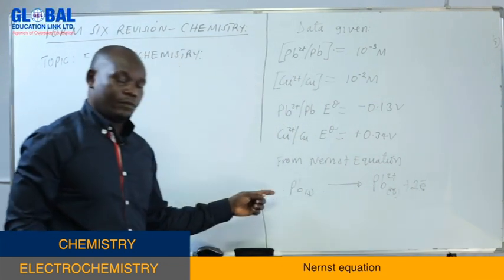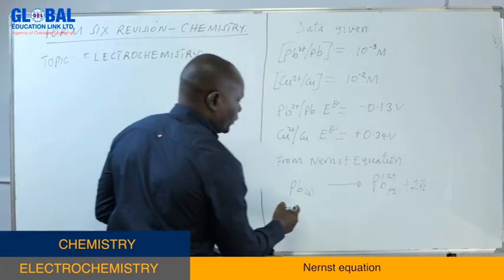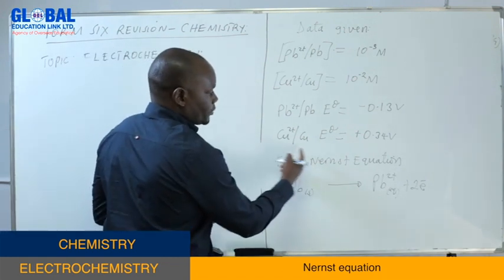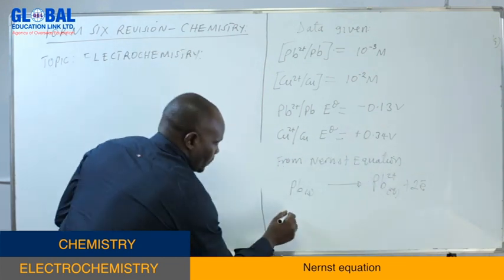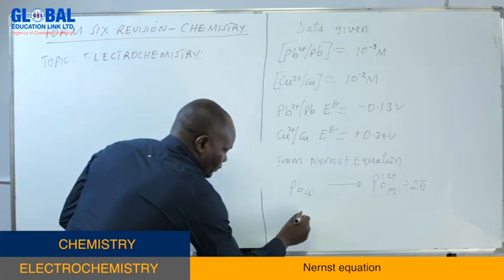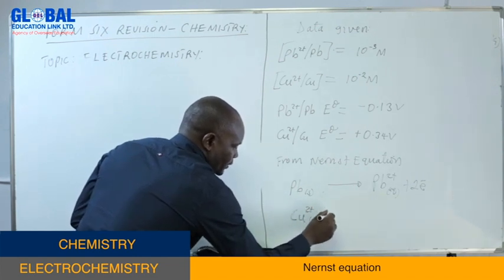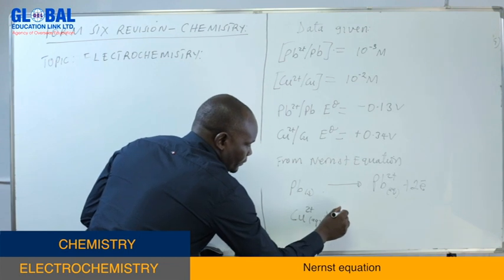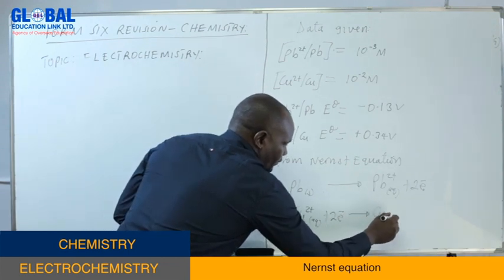So that is the first half equation. The second half equation will be that of copper. Copper, we have said, is the species that undergoes reduction. So it will be copper 2 ions, aqueous, plus 2 electrons, giving copper solid.